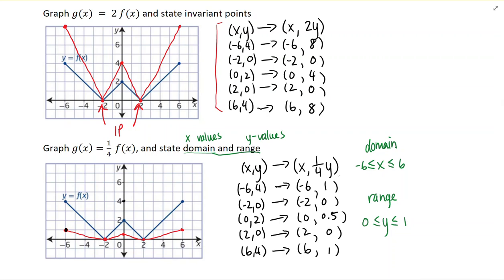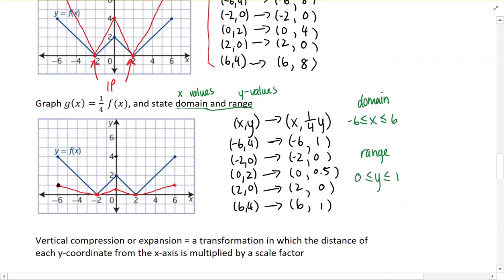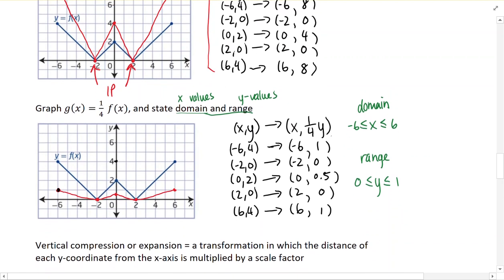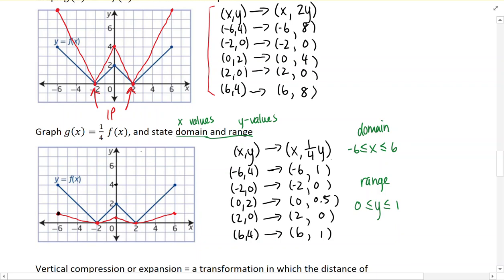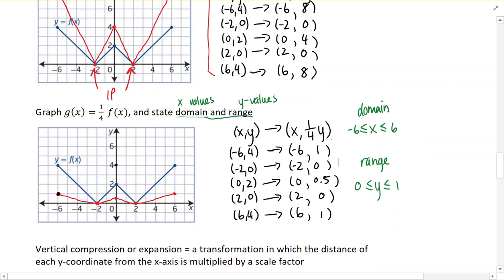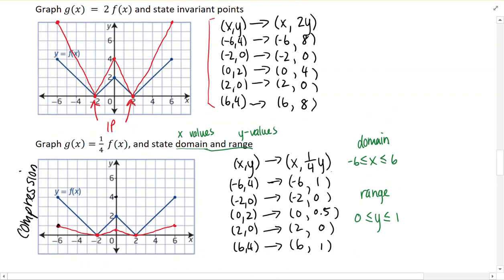So the words we use here are vertical compression or expansion. Compression would be our picture below here where it gets squished. So I'm just going to write here, this is compression. Whereas the picture above, since it got stretched out, we'll call this expansion.